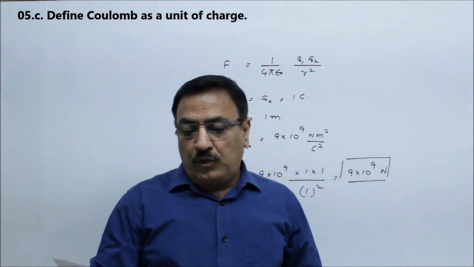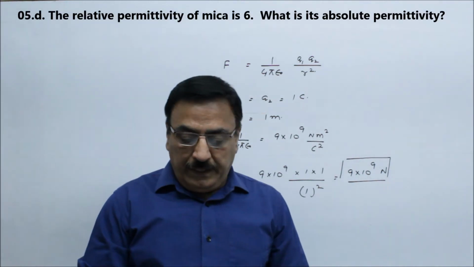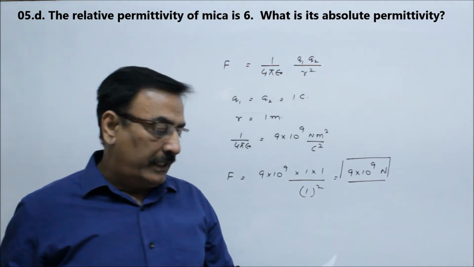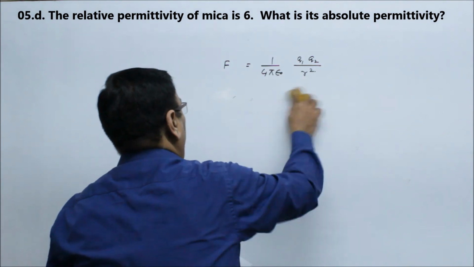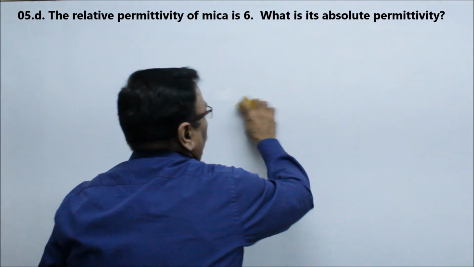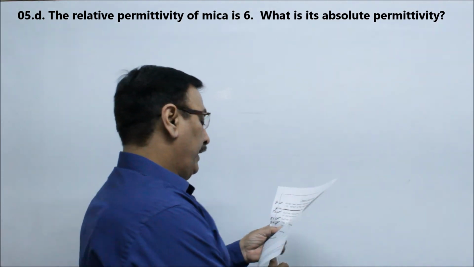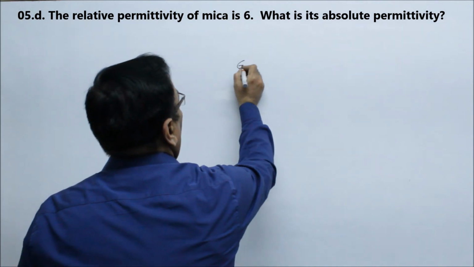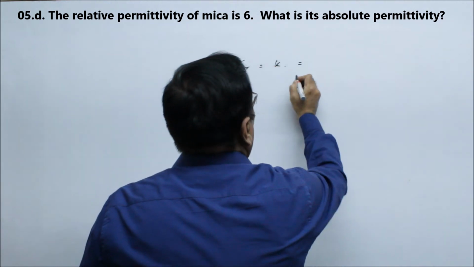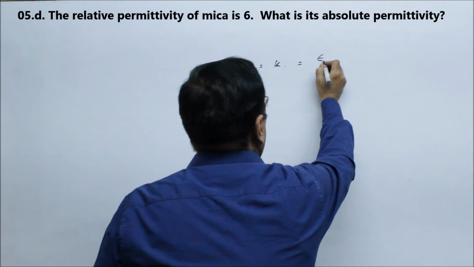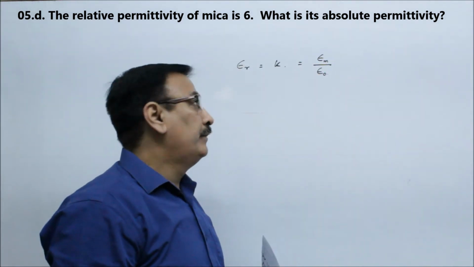So coming to the next question: the relative permittivity of mica is 6. What is its absolute permittivity? Please remember, relative permittivity, which is the same as dielectric constant, is defined as permittivity of mica to permittivity of vacuum.